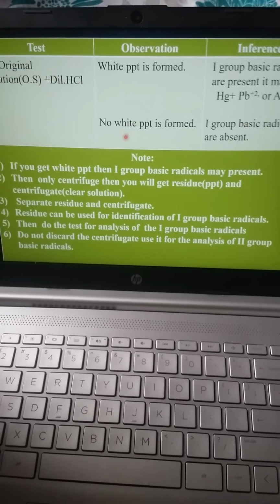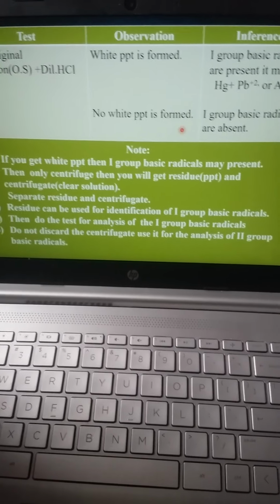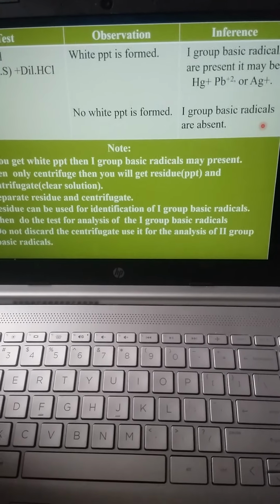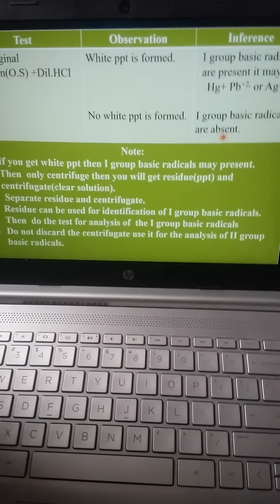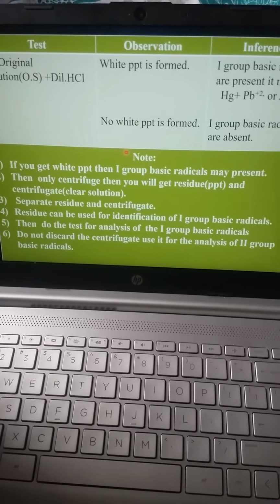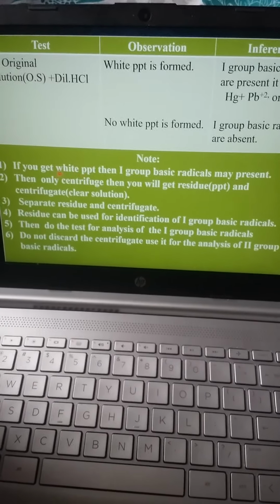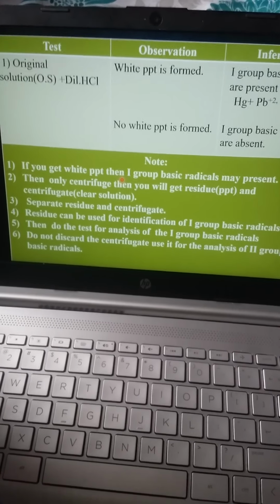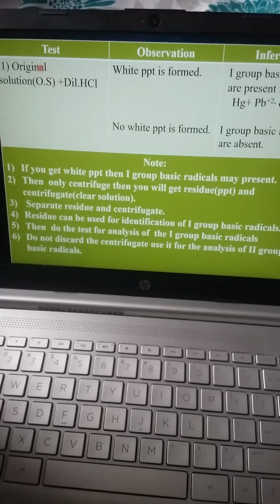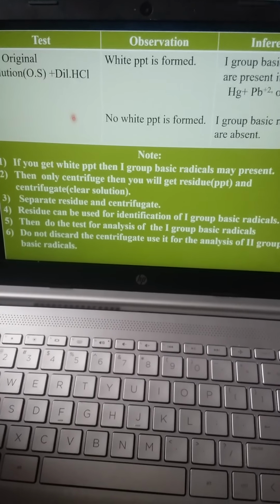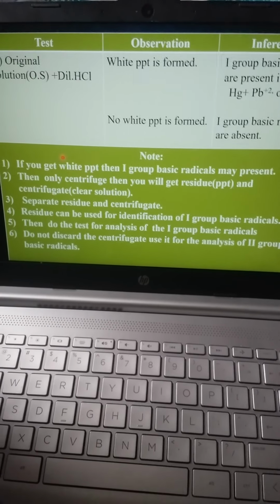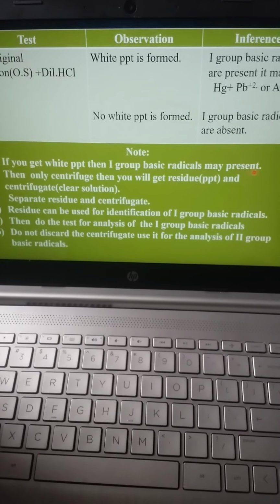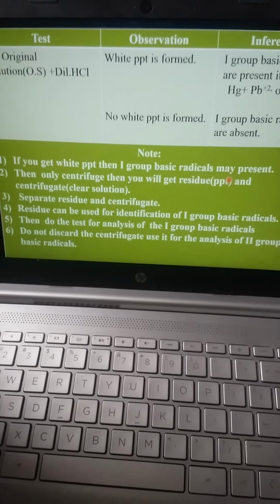Or else, if no white precipitate is formed, it clearly indicates that the first group basic radicals are absent. So the important thing is, if you get a white precipitate on adding dilute HCl to the original solution, then the first group basic radicals may be present.